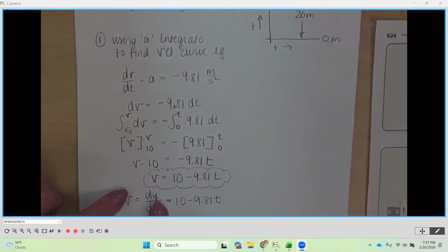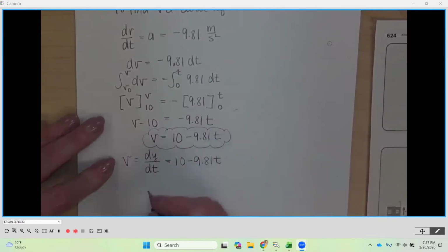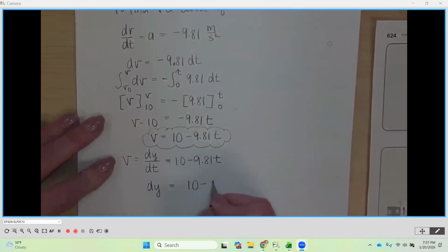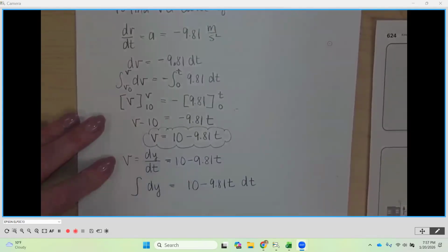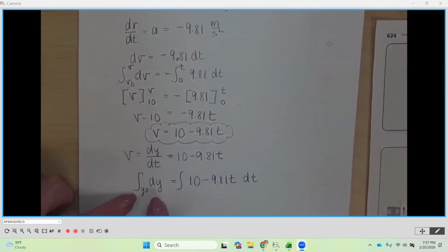Now solving for dy, we're going to multiply this times the dt on the other side. So dy is equal to the 10 minus 9.81 t times dt. I'm going to add my integral to the front of each one of these, and then I'm going to put my limits. I'm going to start at the bottom here. This is going to be my distance.